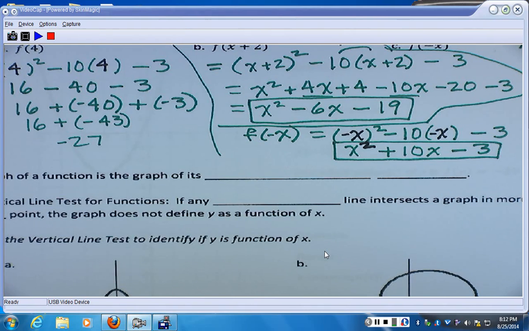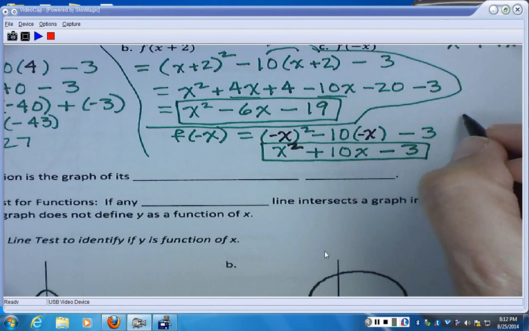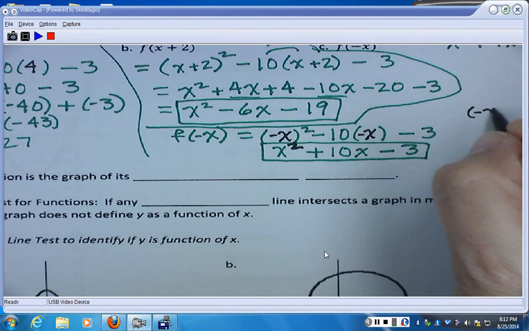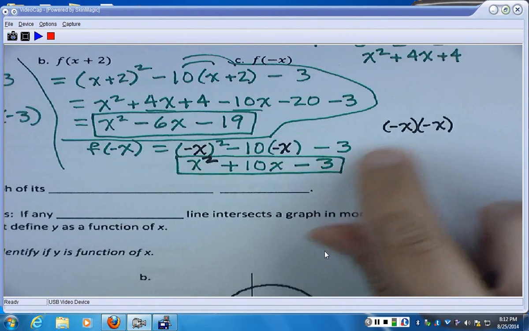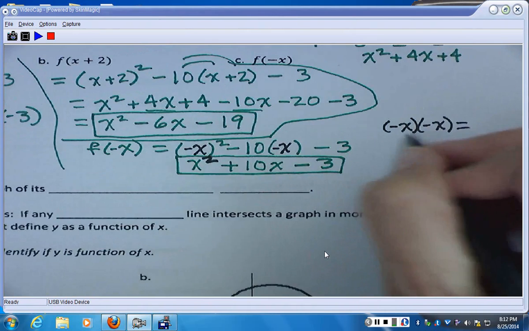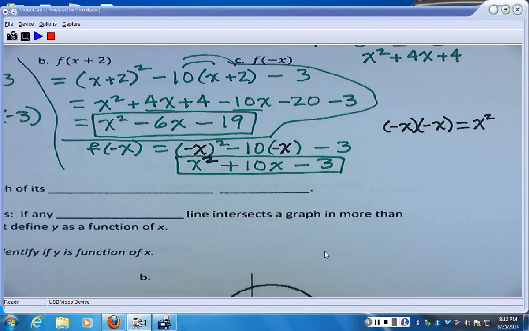It's negative x times negative x. And the negatives make a positive, and x times x is x squared. Okay. So if you forget some of that, you can do that. Yeah, review your rules of exponents if you struggle with that.